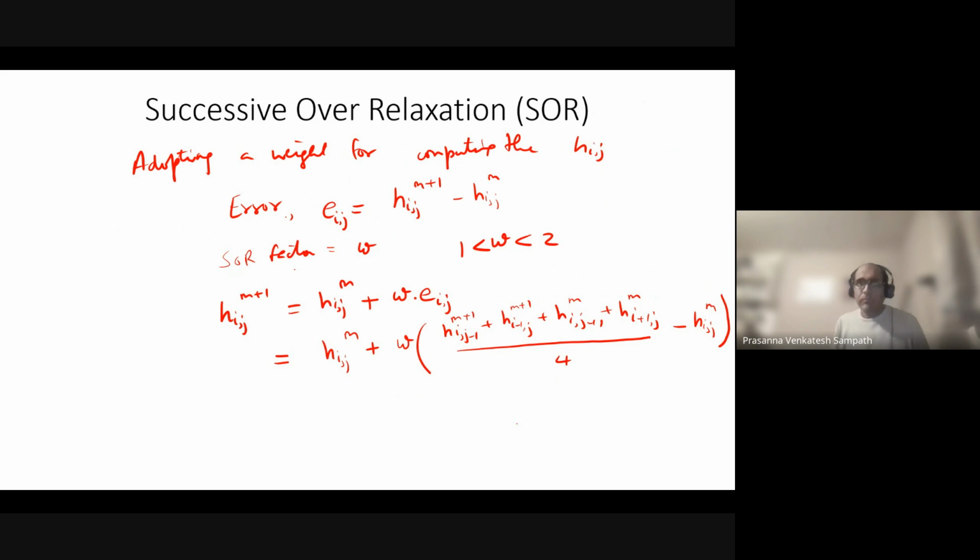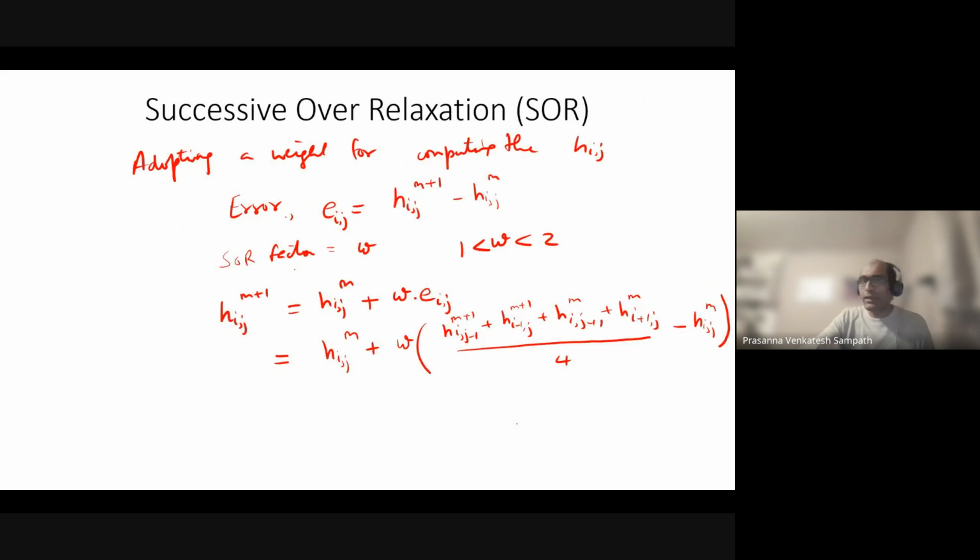So maybe I'll write this in the next slide. If I rewrite this, you will notice that there are two terms here with h of i comma j at the mth iteration, and this has a coefficient of omega.